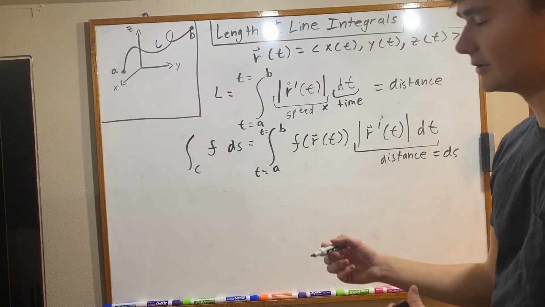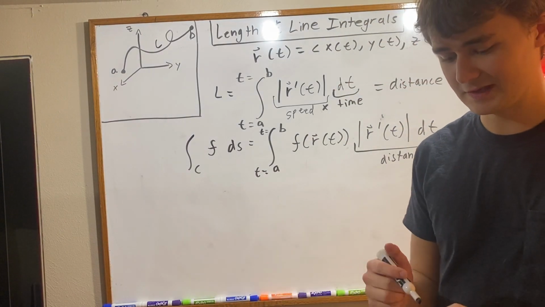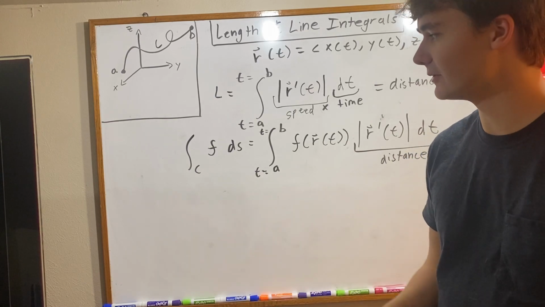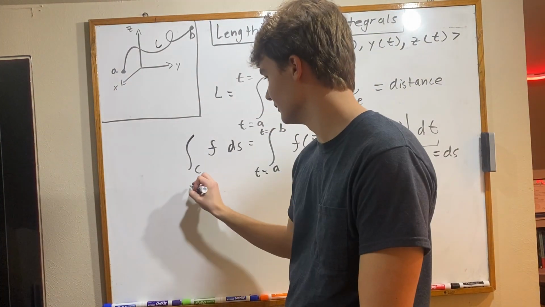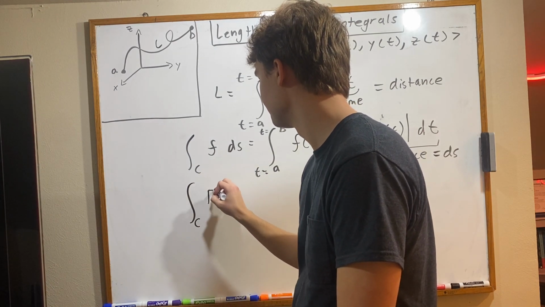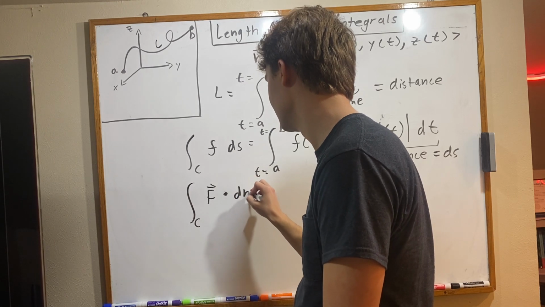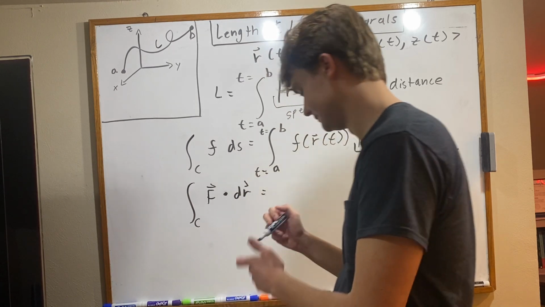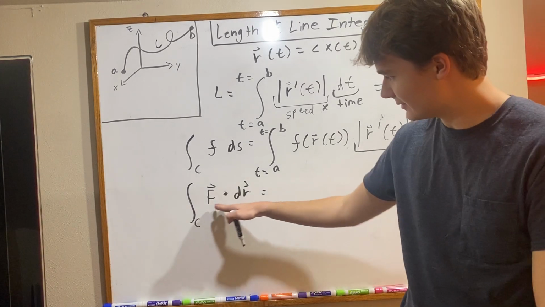Then, if we have a vector field instead of just a function, we do it over a vector field. The way that looks is: the integral over C of F dot dr. So the vector field and then this.